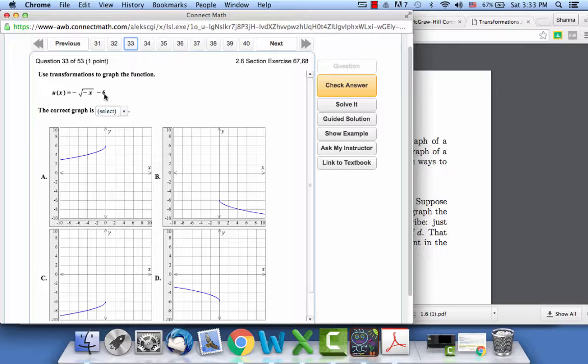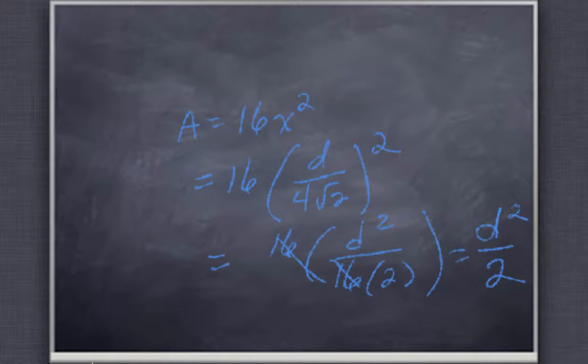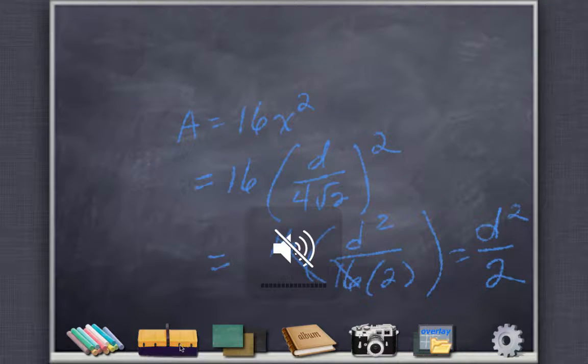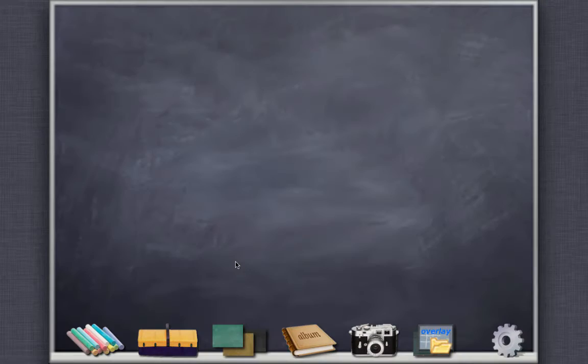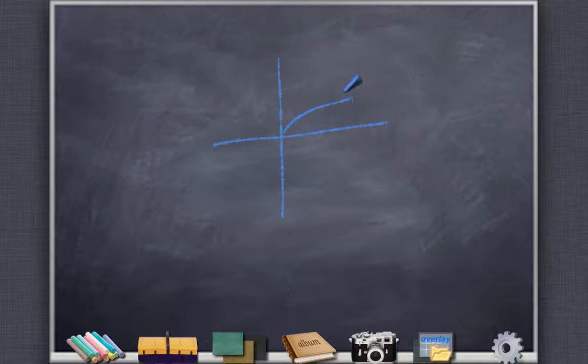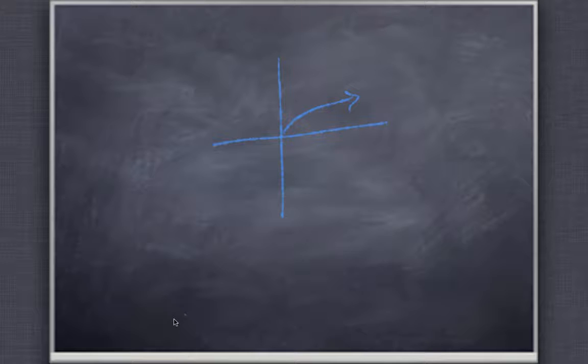Okay, now we have two things. There's a negative next to the x, which means it's a horizontal reflection, so it flips over the y-axis. But there's also a -6 on the outside. So the outside -6 means go down 6. So let me just sketch this for you. We had root x, and then we want to reflect it.